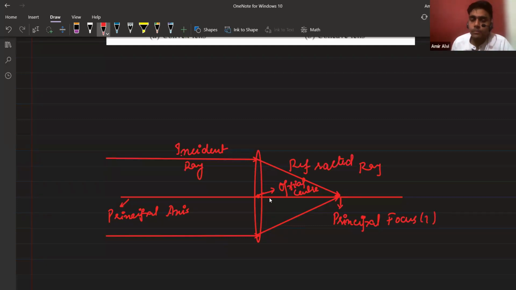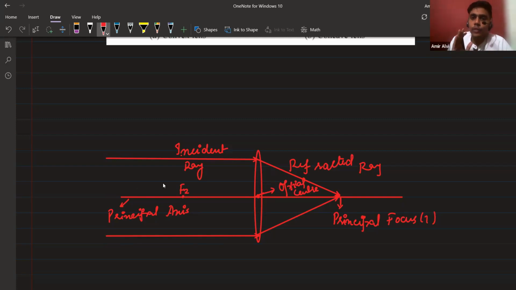It's not covered like the mirrors; nothing is covered here. A lens is a transparent thing. So there would be two principal foci. This is called F1, and similarly another focus will be here, F2. Clear?